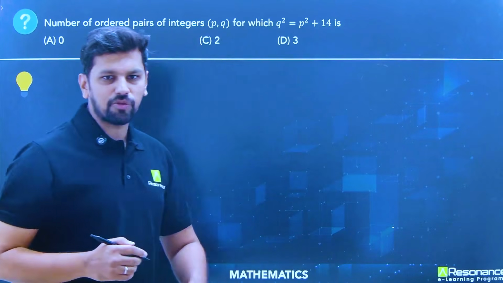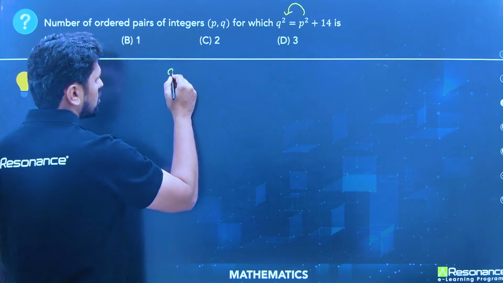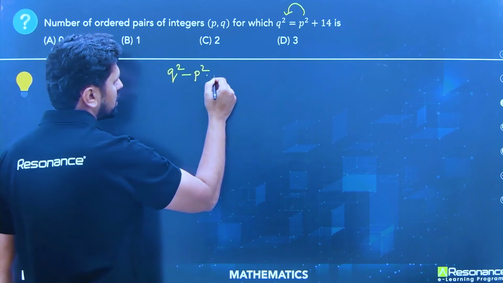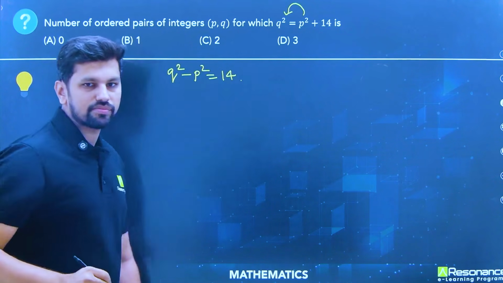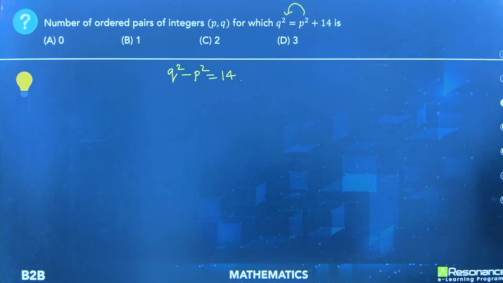So we did this type of question yesterday only. We will bring p square here. So q square minus p square equal to 14. After that, what will we do?